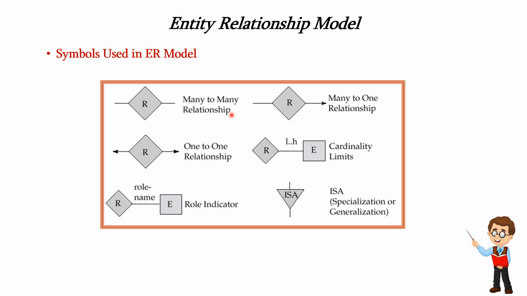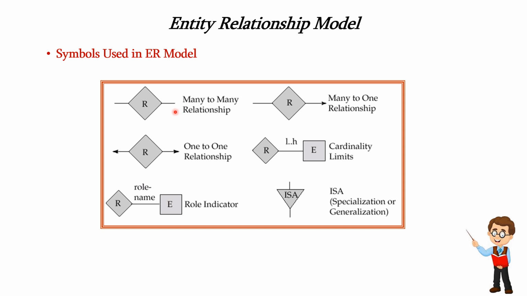This represents the cardinality limits, that is, it indicates how many entities on the left hand side can be connected to the entities on the right hand side through the relationship R. If the line is without an arrowhead, it indicates many, and with an arrowhead it indicates one.